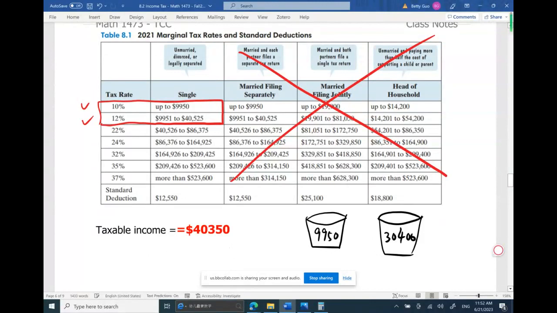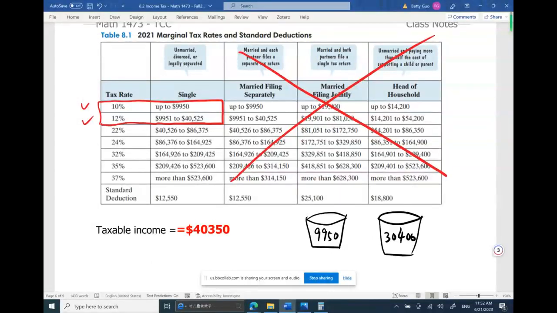Now we only consider taxable income, which is $40,350. And we are going to put that money in two different buckets. The first bucket we must put in $9,950. Then the rest of the money goes into the second bucket, right? The rest of the money is the difference between 40,350 and 9,950.